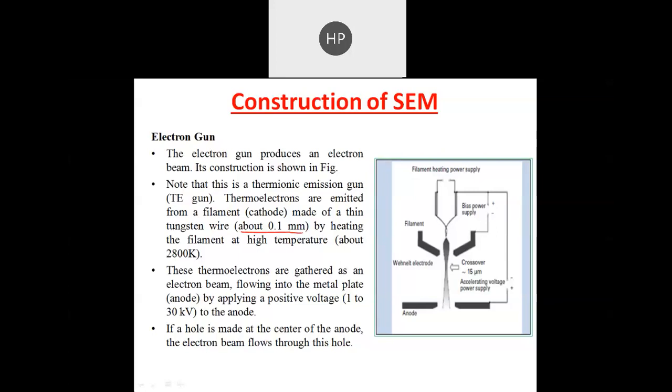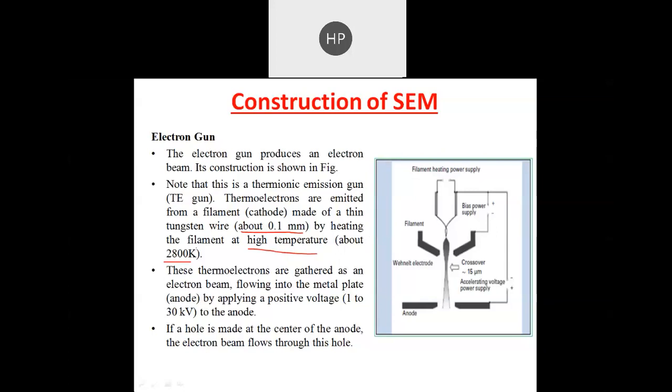And how do we get those electrons? By heating the filament to a high temperature of around 2800 Kelvin. The very thin tungsten wire is heated at a very high temperature, and at that temperature it generates thermoelectrons.